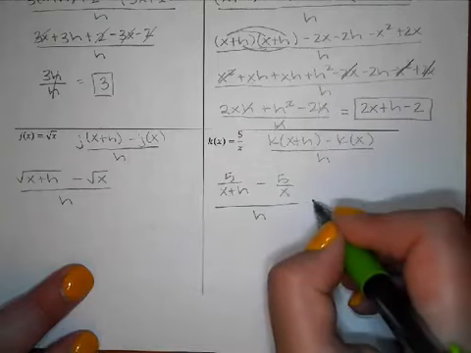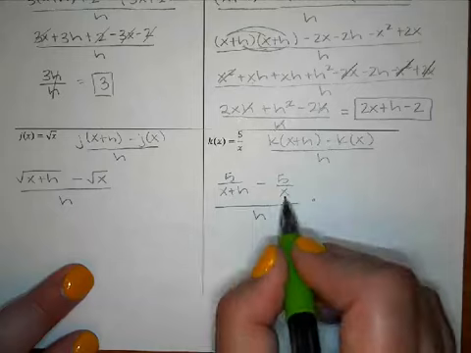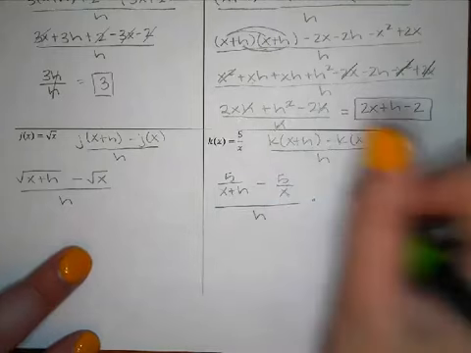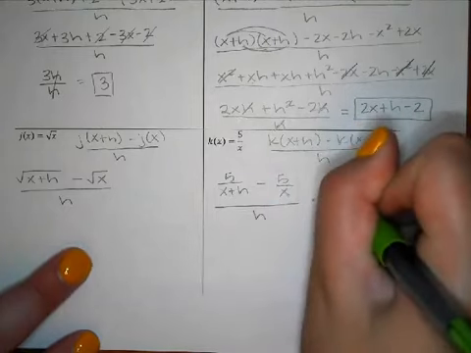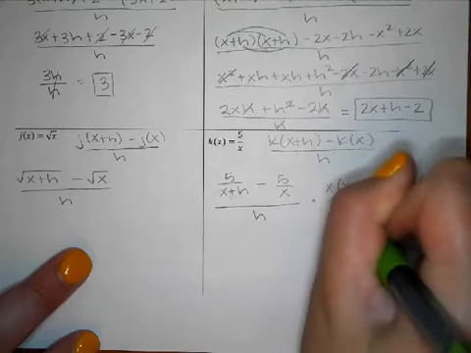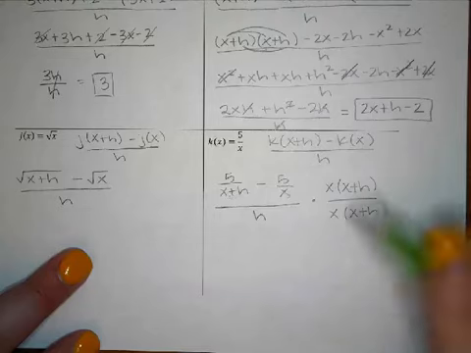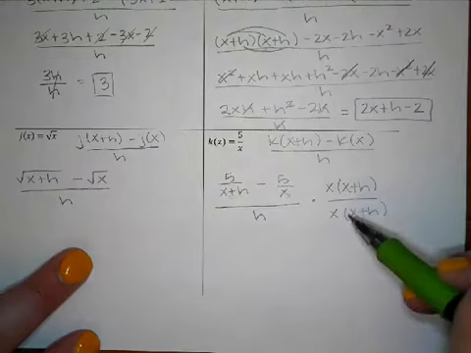So for the denominator, you need x plus h and you need x. So I'm going to multiply by x times x plus h to the numerator and x times x plus h to the denominator. And I'm allowed to do that because it's like multiplying by 1. If I do the same thing on the top and the same thing on the bottom, it's like I multiplied by 1.